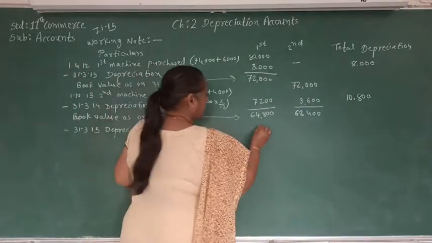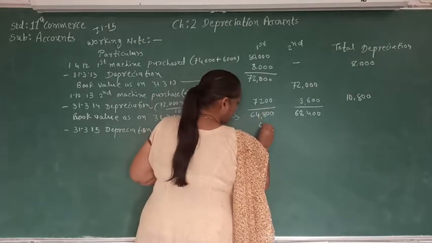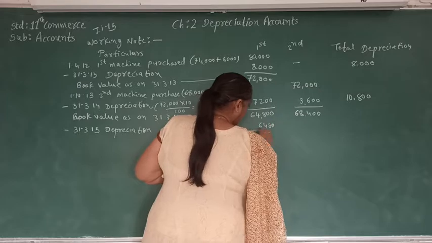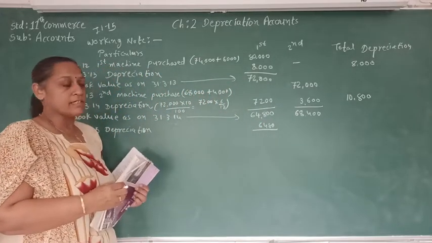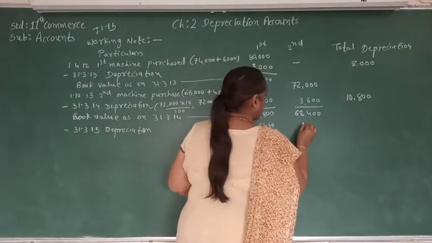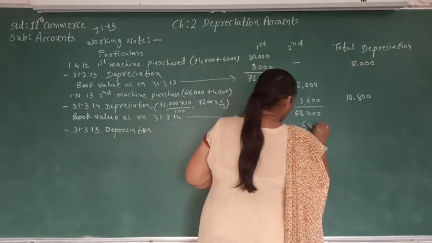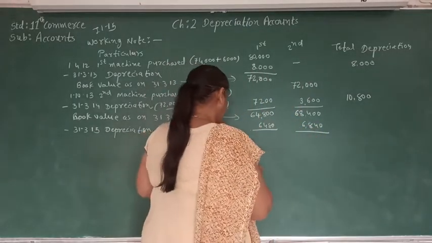As it is the reducing balance method, we have to calculate depreciation on the balance, and that will be 10% of 64,800, which is 6,480, and here it will be 6,840. Now let's deduct this.